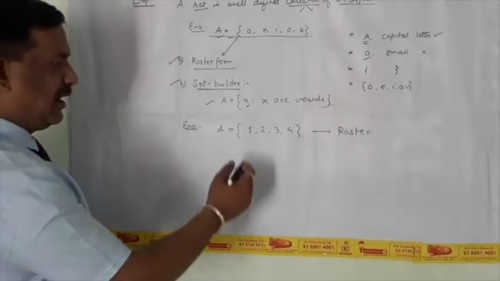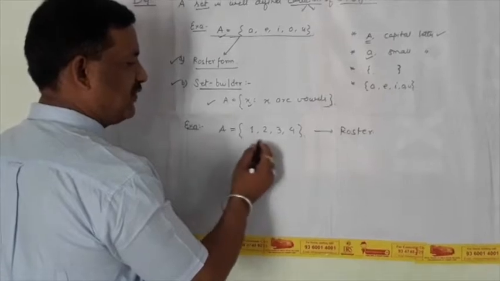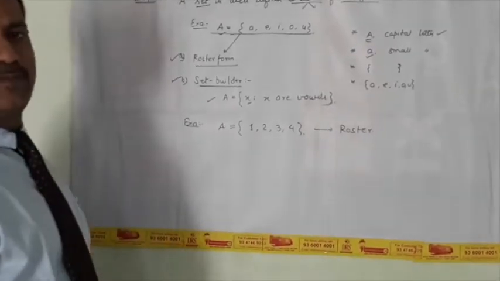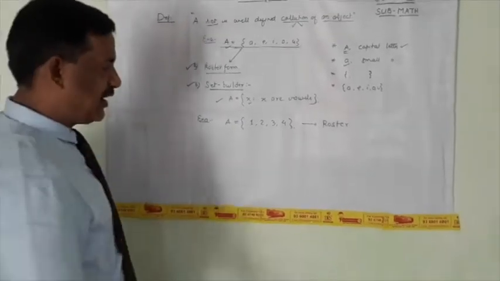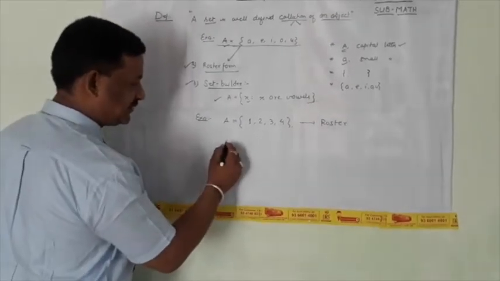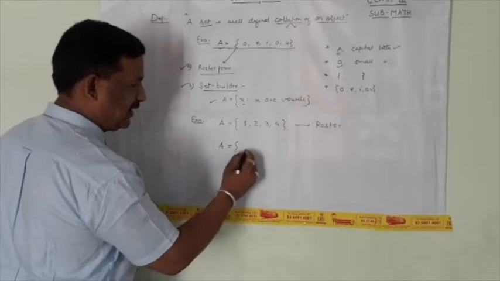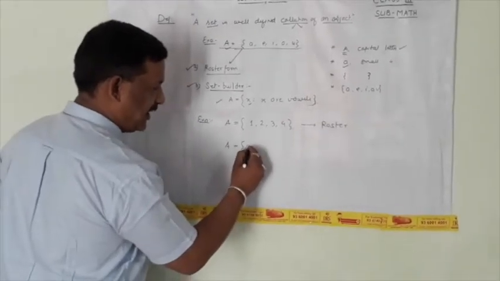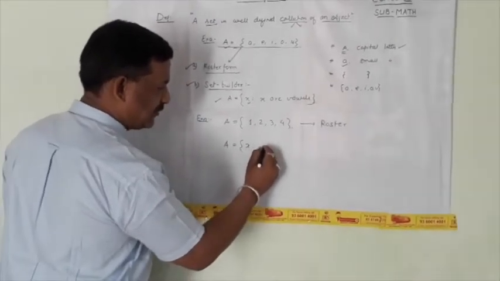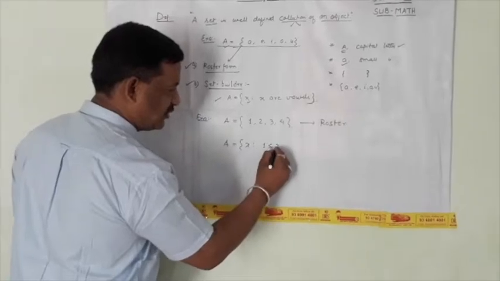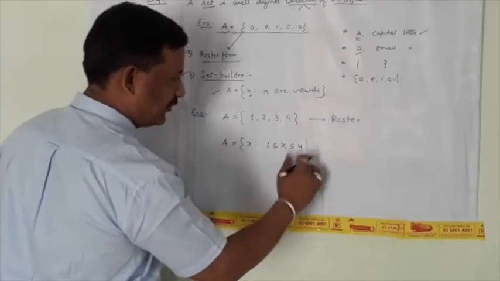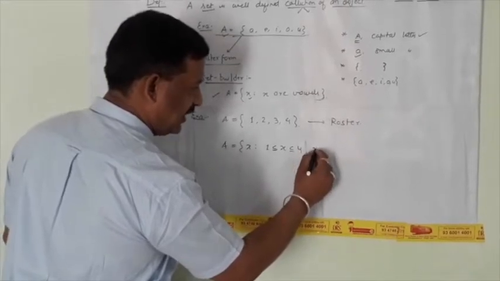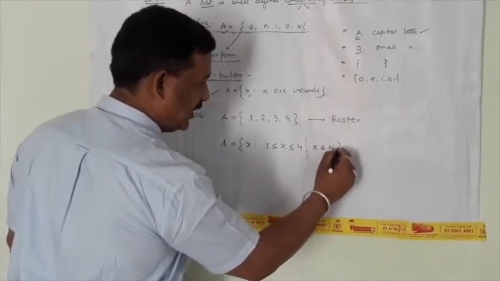We know very well that 1, 2, 3, 4 are natural numbers. So in set builder form we can write this set like x such that 1 less than or equal to x less than or equal to 4, curly bracket close, where x belongs to capital N.